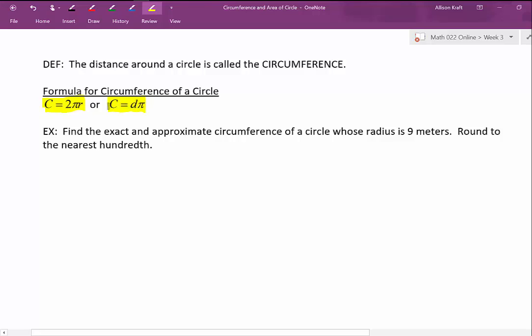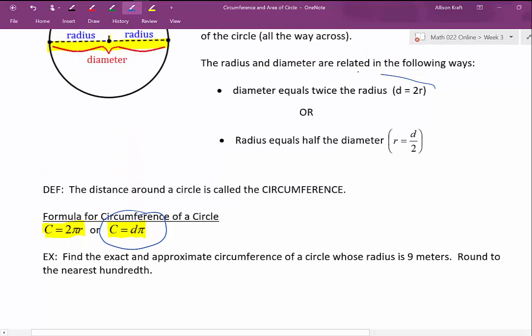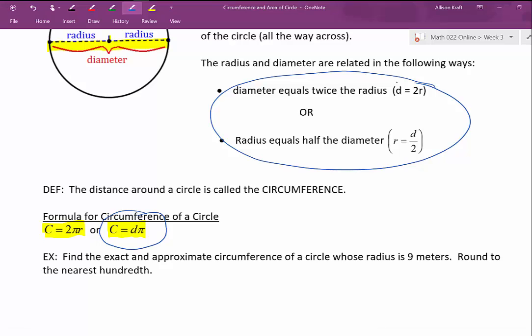The reason that there's two different formulas here is because of the relationship between the radius and the diameter. You really don't need to know both of them. You could just know that the circumference is the diameter times pi, and then remember the relationships that we discussed up here, that the diameter is twice the radius, or that the radius is half of the diameter.